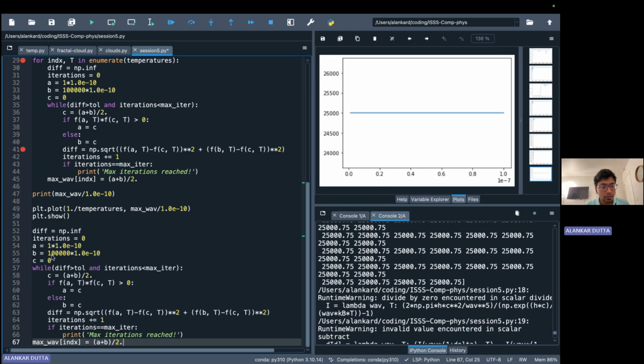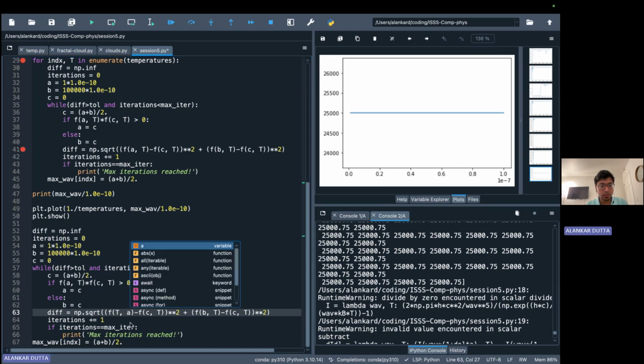So the lambda is fixed to, so this will be T and this is going to be A. Sorry. So here, this is going to be WAV and this is going to be A.